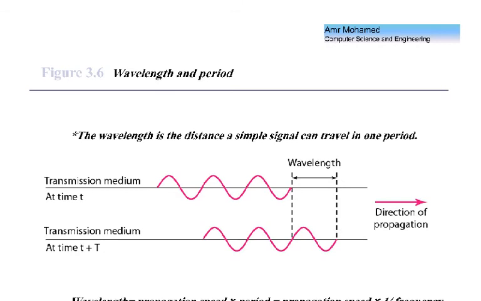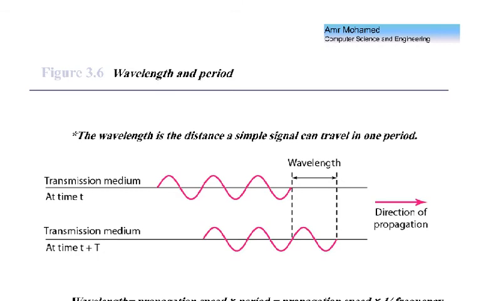But the wavelength is not the time. The wavelength is when I go with a specific speed. So the time of the cycle is T. How much distance does the signal travel for a time T?